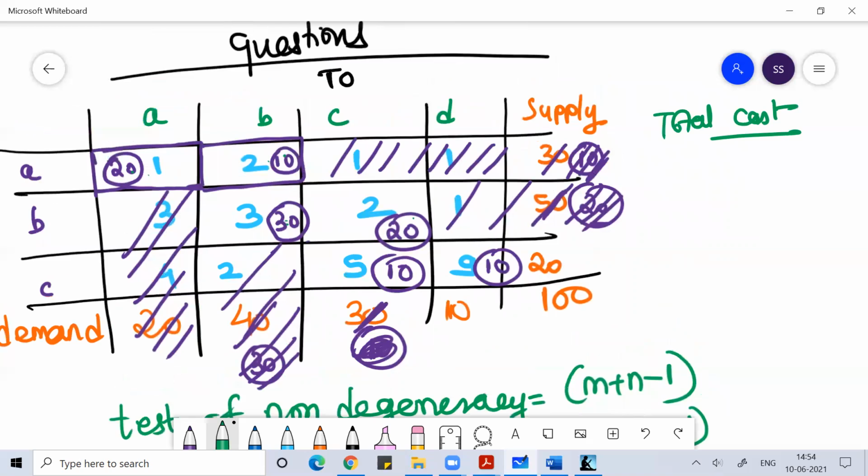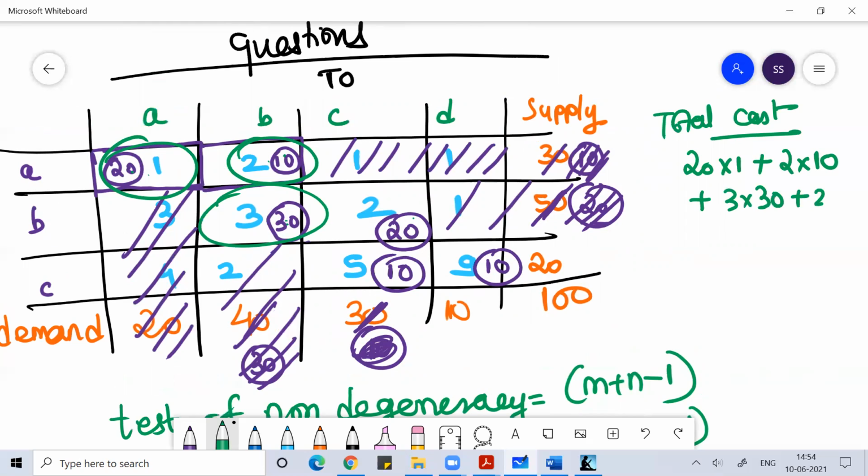Total cost is 20 into 1, then 2 into 10, plus 3 into 30, plus 2 into 20, plus 5 into 10, plus 9 into 10.